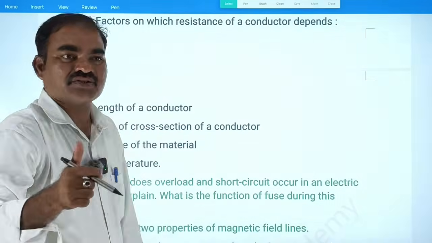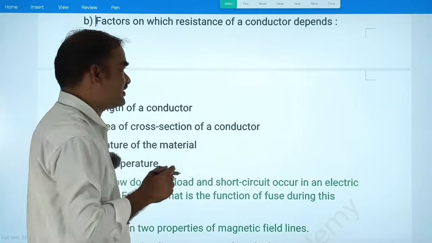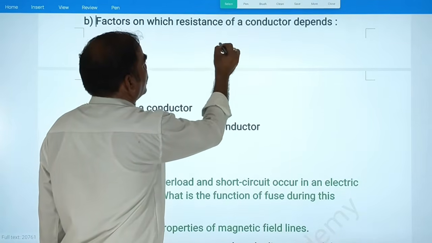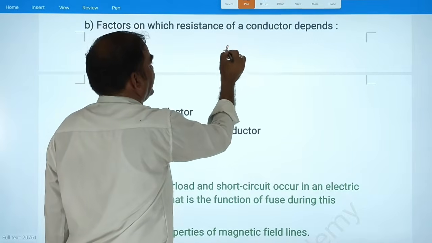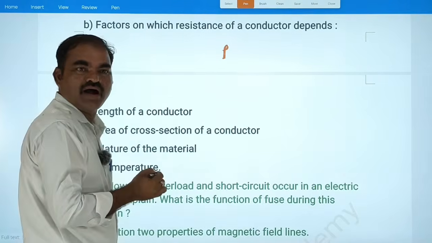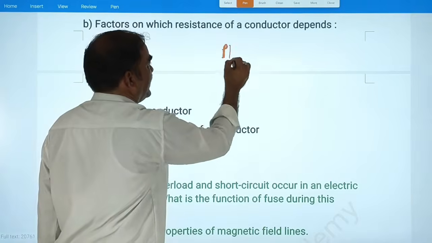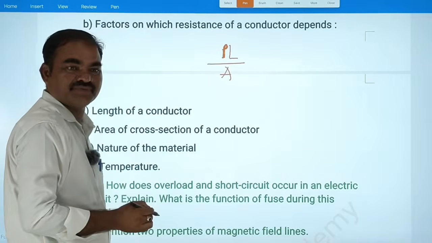For the factors on which resistance depends, we can note one formula: resistance R equals rho, read as rho, times length divided by area of cross section.